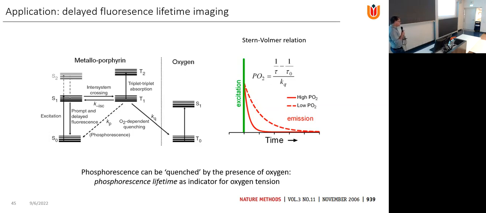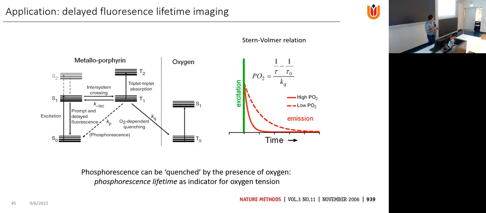Now these processes all occur, but in the presence of oxygen, they are modified. Oxygen is a molecule that has a triplet ground state. So there is a very good coupling between the triplet state of this metalloporphyrin and the ground state of oxygen. In the presence of oxygen, a lot of energy will be transferred to the oxygen molecule and is therefore not available for phosphorescence or for delayed fluorescence.